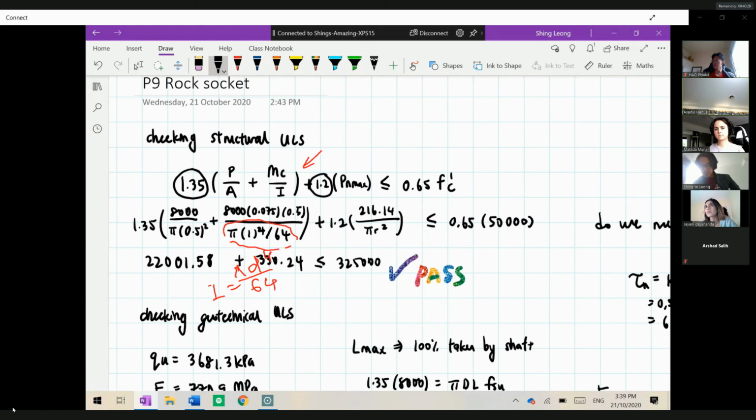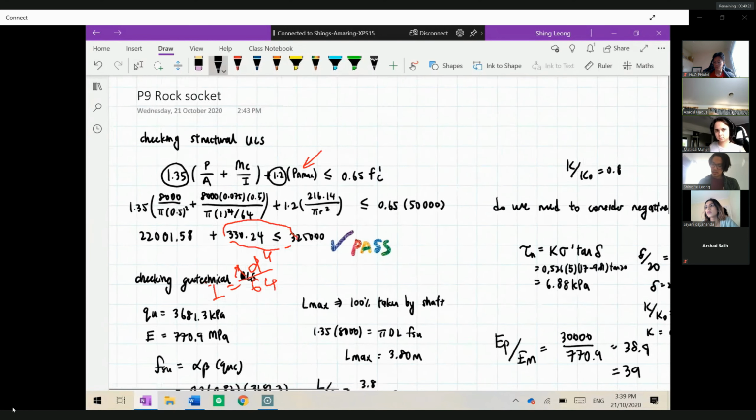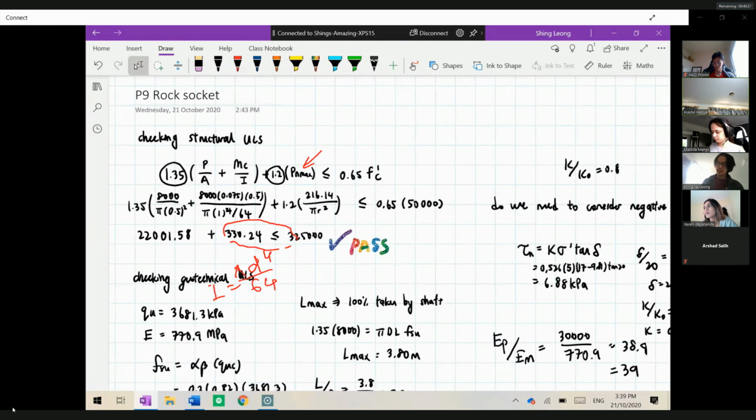Now with your 1 meter diameter, I always feel that when you do this sort of unknown trial and error, it is always good to start with a value rather than trying to solve a quadratic equation or a third-degree equation. That becomes so cumbersome.